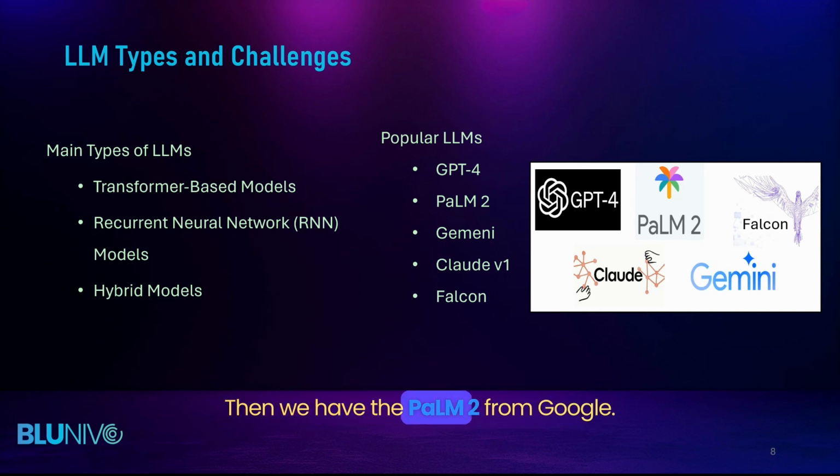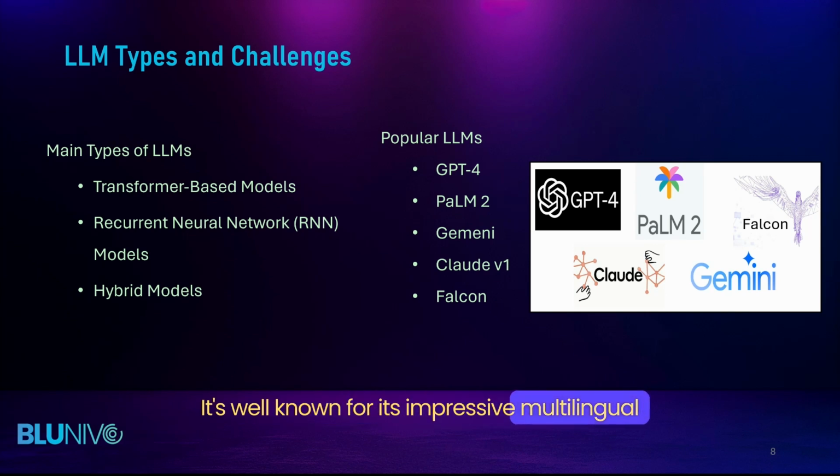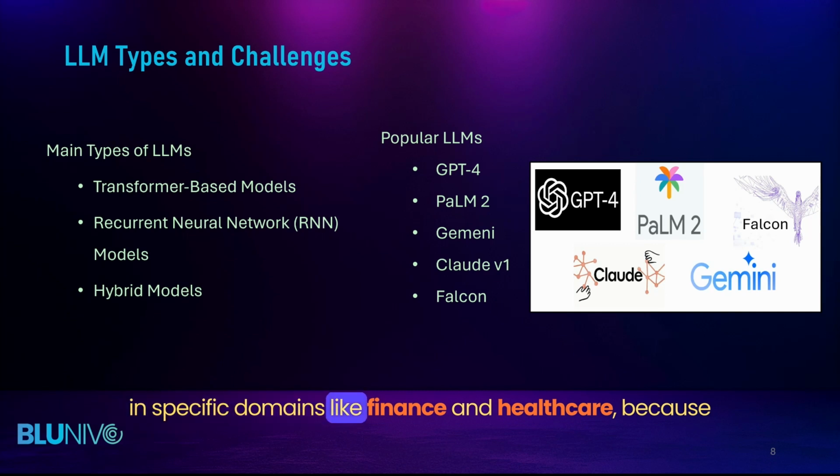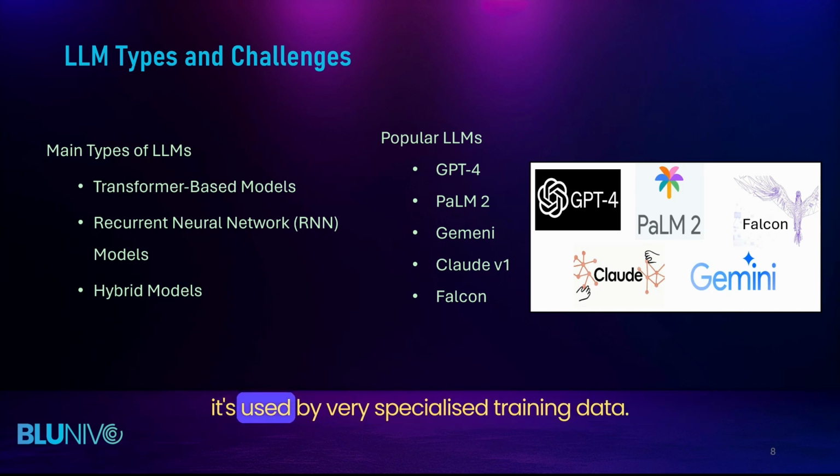Then we have the PaLM 2 from Google. It's well known for its impressive multilingual capabilities and also advanced reasoning skills. You might have heard of Gemini as well. Gemini is another standout that is really powerful in specific domains like finance and healthcare, because it used very specialized training data.